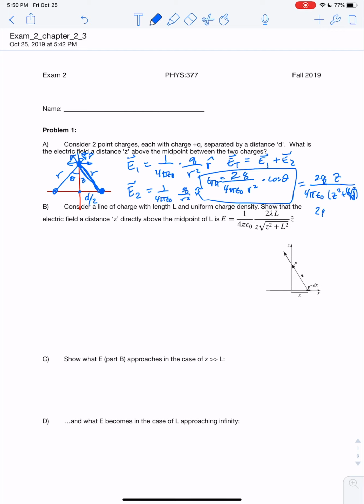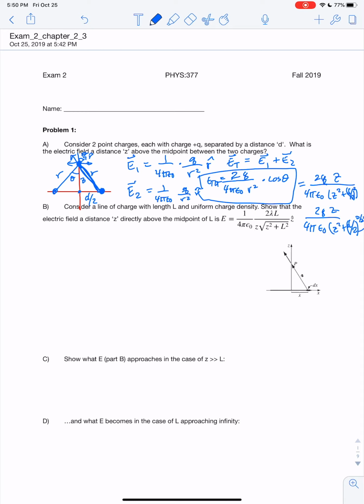So we end up with 2qz over 4 pi epsilon naught times z squared plus d over 2 squared, not to the squared, but to the 3/2 power, because we have z squared plus d over 2 squared times the square root of z squared plus d over 2 squared. So it's 2 over 2 plus 1/2, which is 3/2. And that's the electric field generated by those 2-point charges.